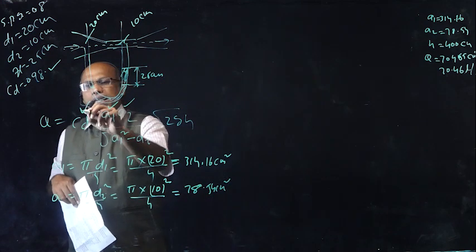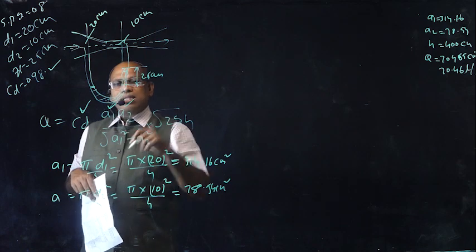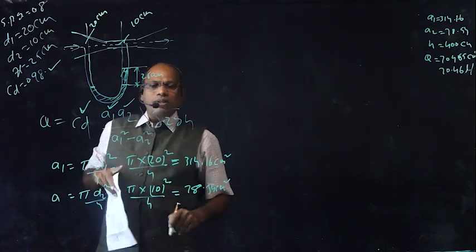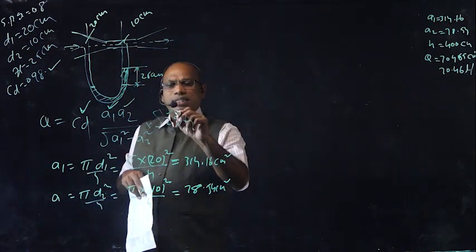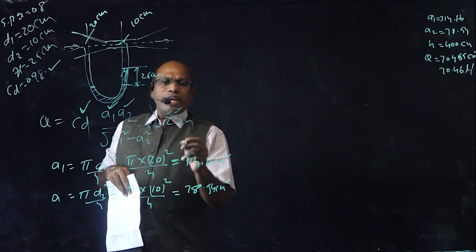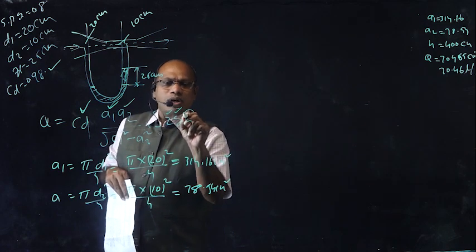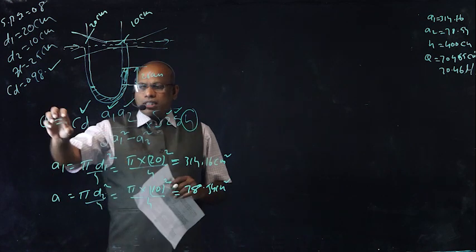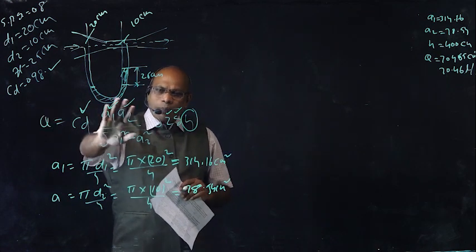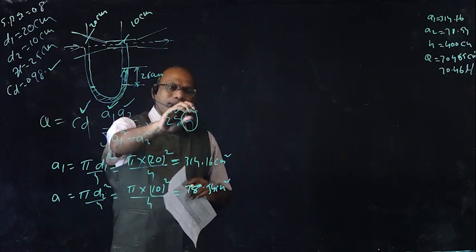CD is known, A1 is calculated, A2 is calculated, 2 is the value, and g is 9.81. Only unknown is H.